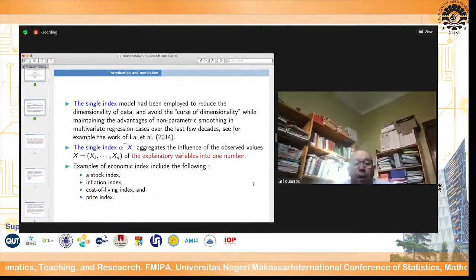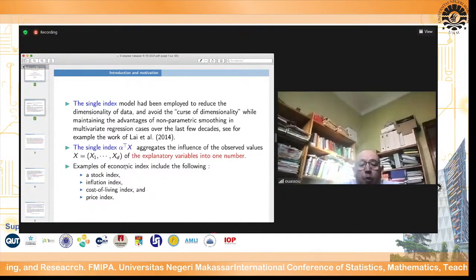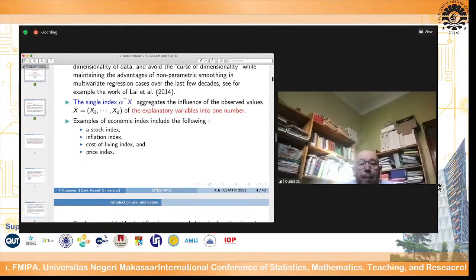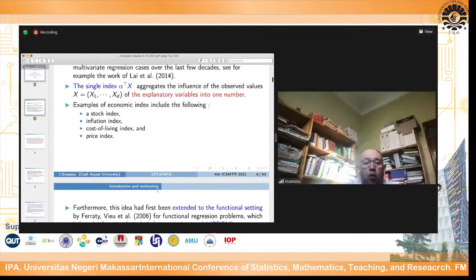Examples from economics include the following: a stock index, inflation index, cost of living index, and price index.